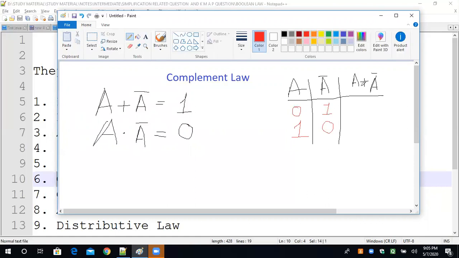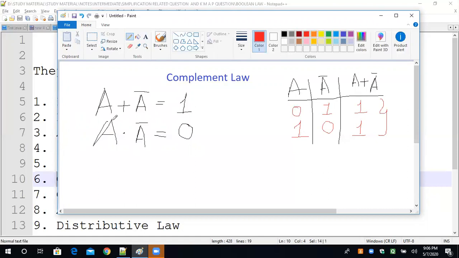So here A plus A bar means 0 plus 1. 0 plus 1 is 1, or 1 plus 0 is 1. So in every case you are getting 1. Either I am taking 0 or 1. Apart from that, we cannot take any other value because a single variable can take only two values at a time.